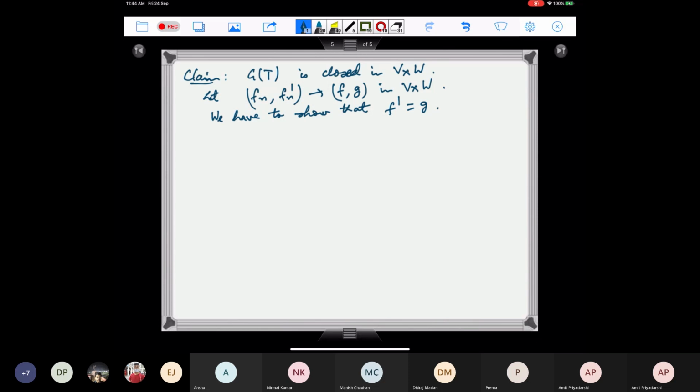And on V and W, we have this sup norm. So we have the infinity norm of f_n minus f goes to 0, and f_n prime minus g also goes to 0 as n goes to infinity.